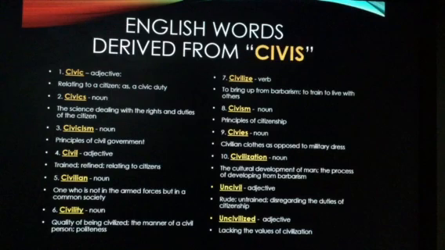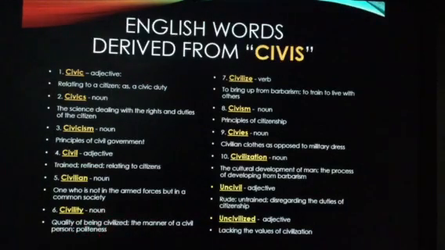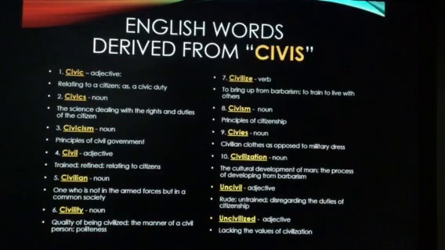Civilian, civility, quality of being civilized, the manner of a civil person, politeness. Civility seems to be lacking in our political discourse today, sadly. Number 7, civilize, a verb, to bring up from barbarism, to train to live with others.